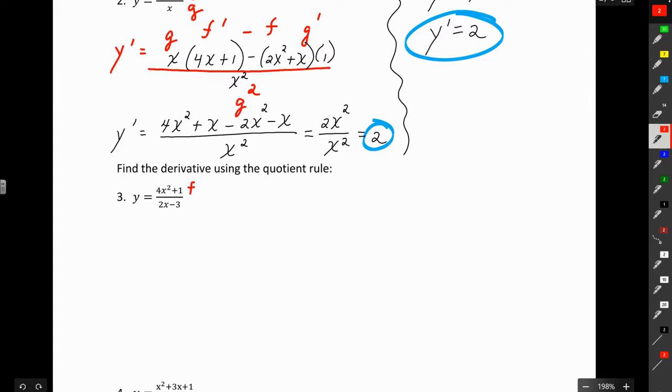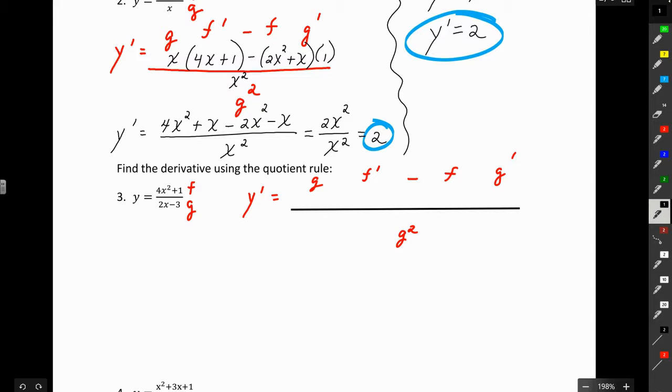We have f, we have g. The rule says that we have g, f prime, minus f, g prime, all over g squared. We're going to fill that in. And we'll simplify the numerator.